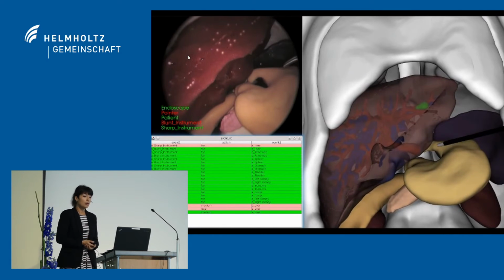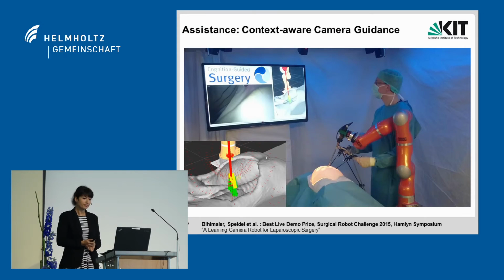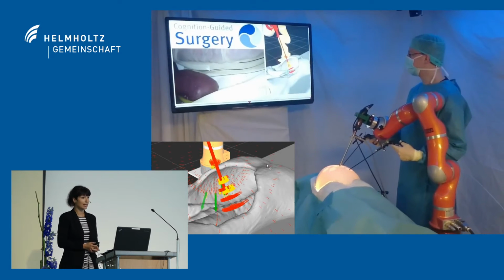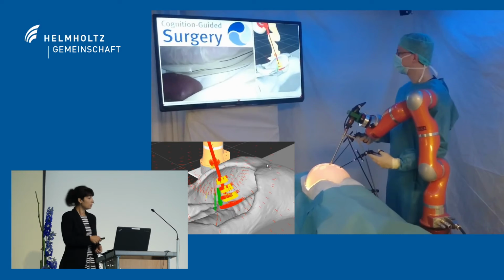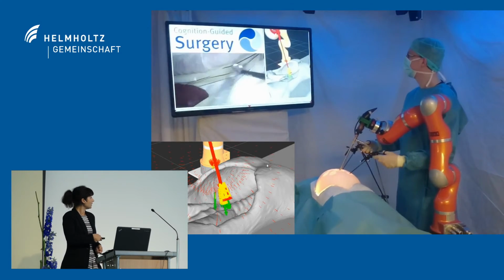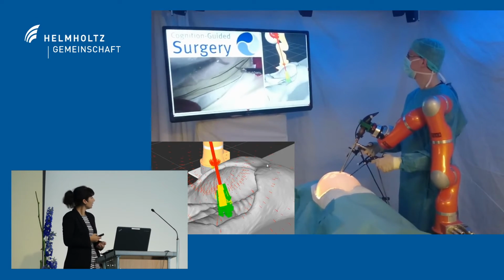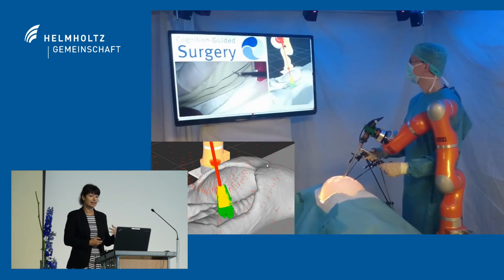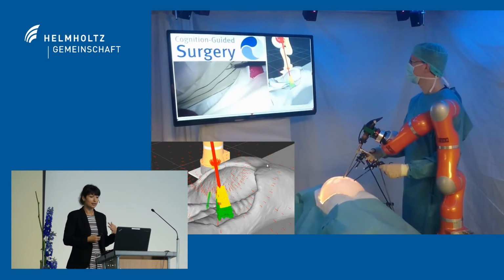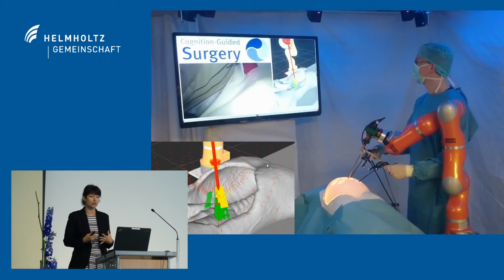So to give you an outlook, we can also use robot assistance in the operating room. And here we developed a context-aware camera guidance. That means the endoscope is attached to a robot arm, and it anticipates the next step and shows a visualization of what the surgeon wants to see.